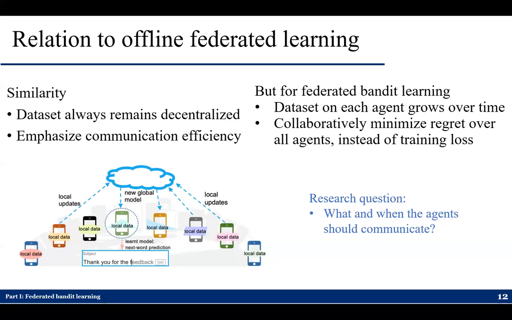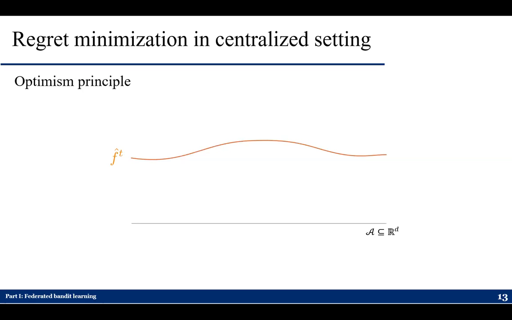So this is exactly the question: what and when the agents should communicate in order to collaboratively minimize regret. To answer this question, we need to look at the typical way of minimizing regret in a centralized setting, where we just have one agent and all the data are located in a single place.